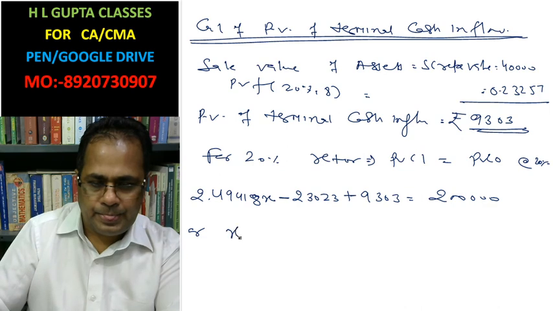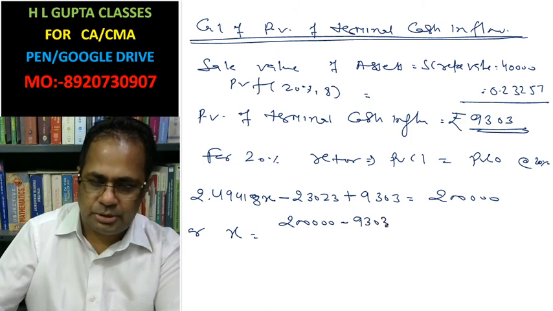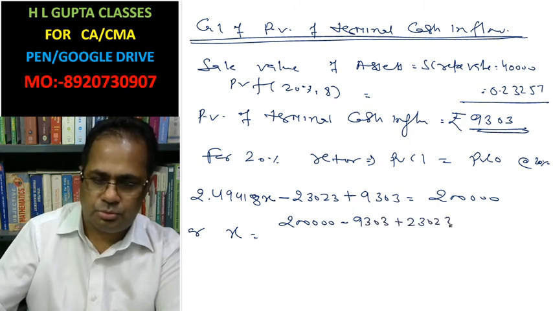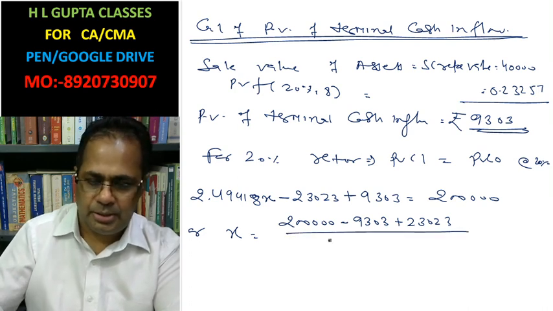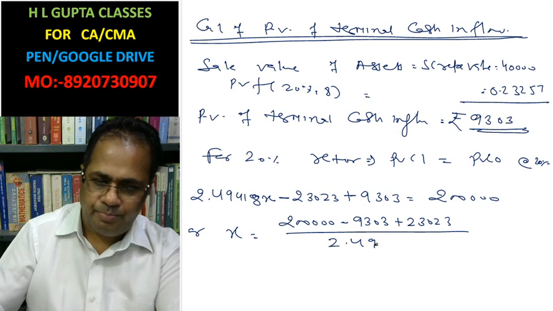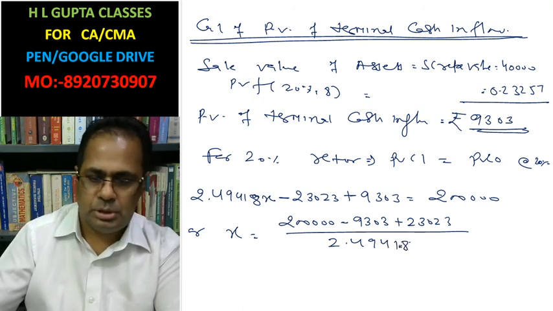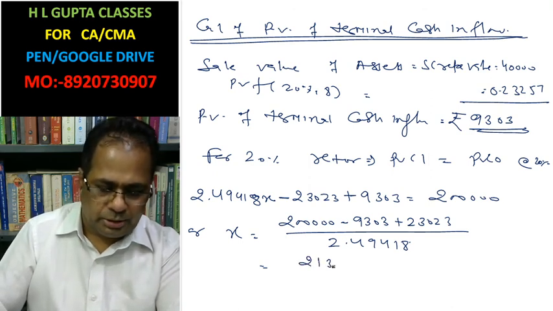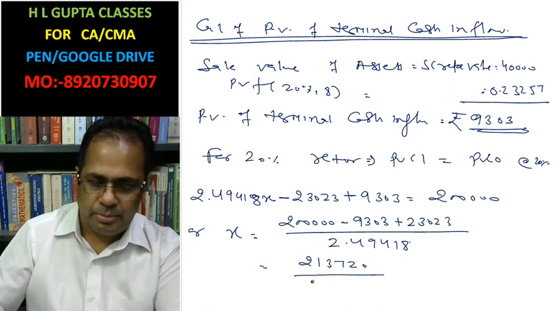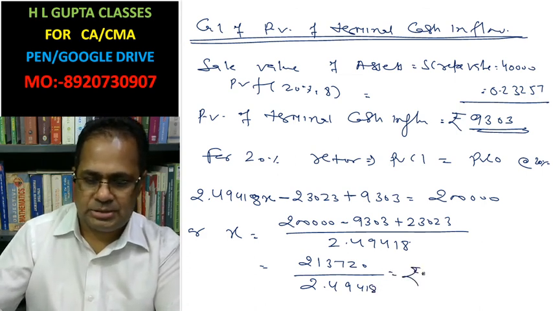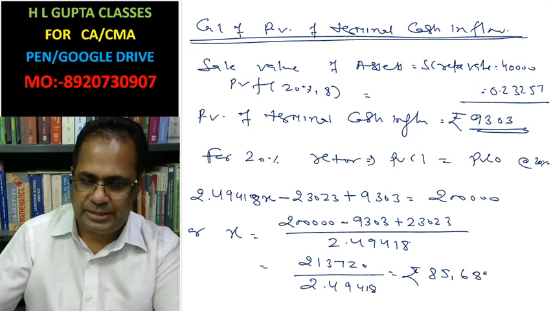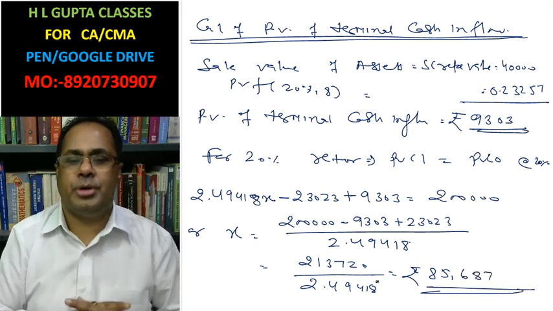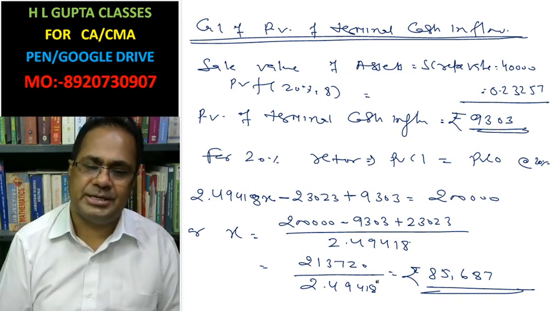Or x equals 2 lakh minus 9303 plus 23023 whole divided by 2.49418, that is 213,720 divided by 2.49418, that is rupees 85,687.